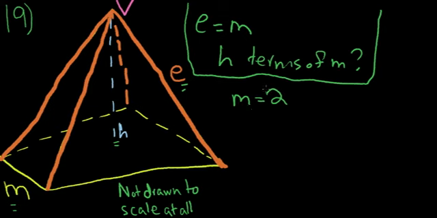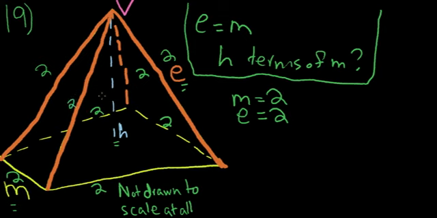So if M equals 2, since M equals E, then E is also going to equal 2. So the base lengths are 2, 2, 2, 2, and the E lengths are also 2, 2, 2, and 2.